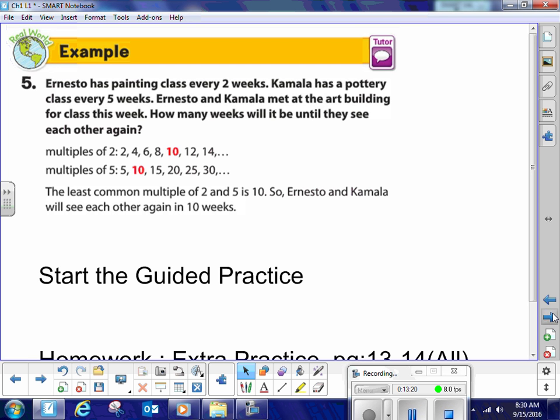All you do is multiply them together, and you come up with 10. Here, they actually take their time and make lists of multiples of 2 and 5, and the first common multiple that they have, which is the least, which is the smallest, is 10. All right? Go ahead and start the guided practice, and then once you're done with that, work on the extra practice.